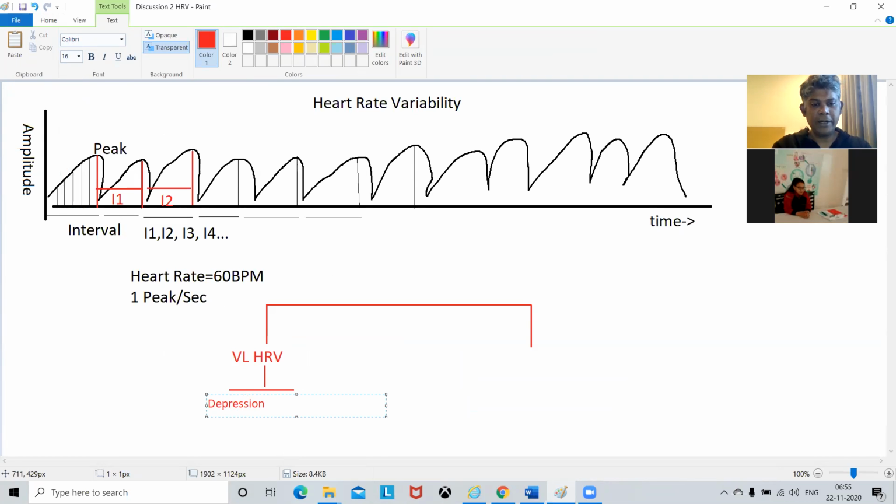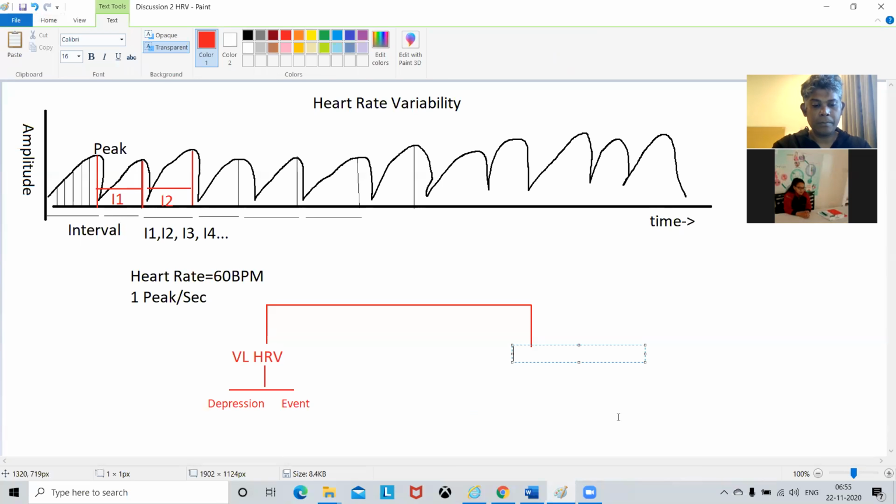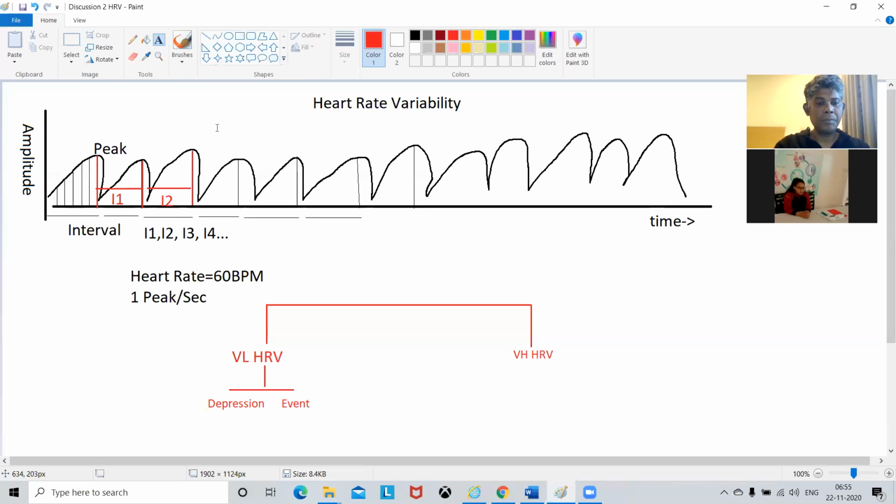Depression and event, and very high heart rate variability means anxiety and event trigger.